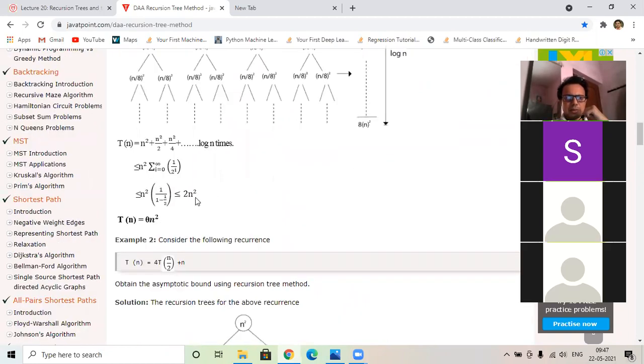But here the majority term is n squared. So you can say it is theta of n squared, or big O of n squared, or omega of n squared. You can write here. Okay. Got it?